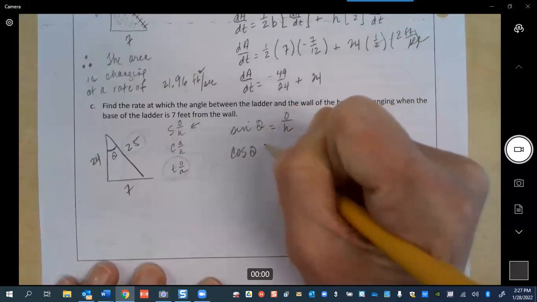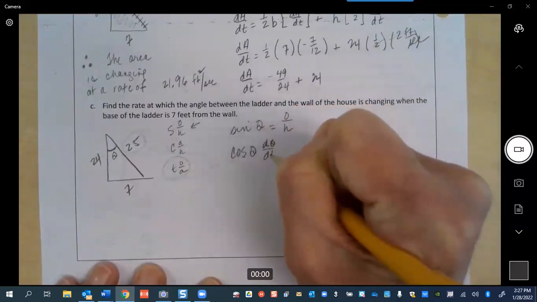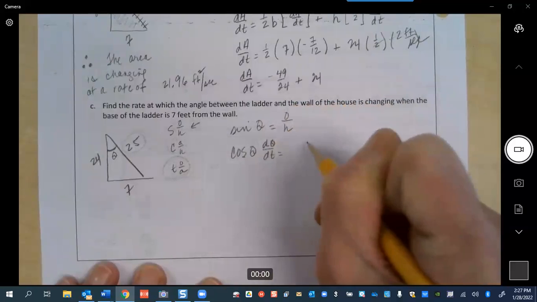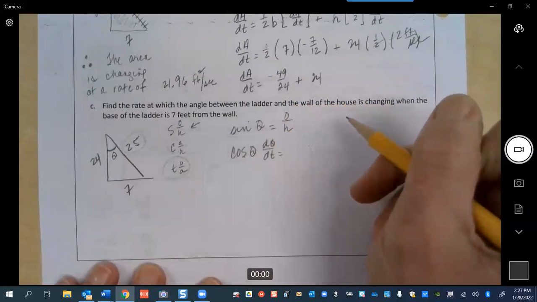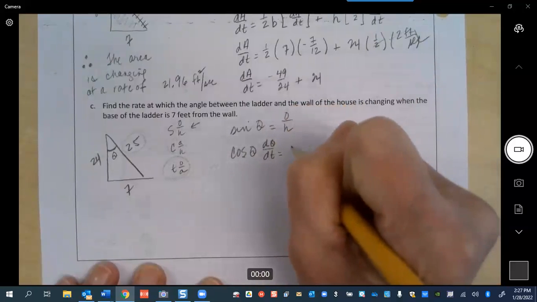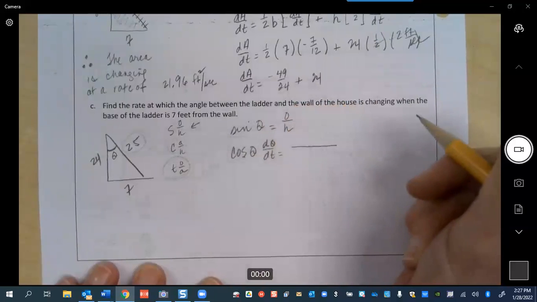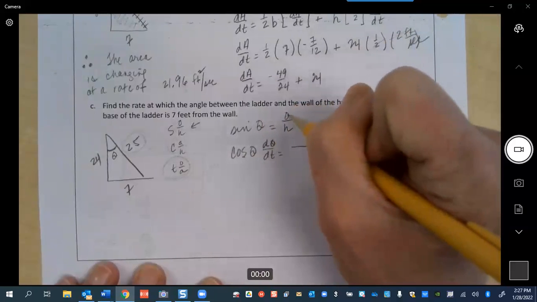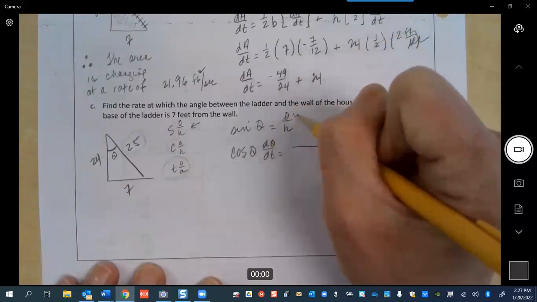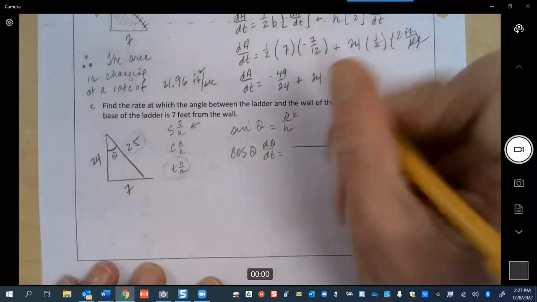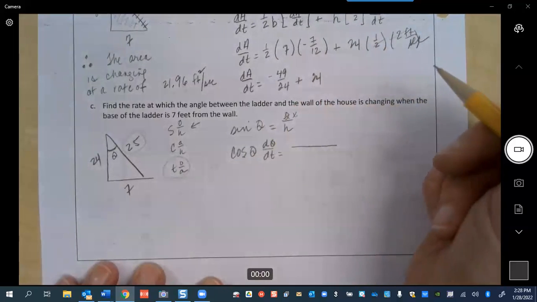Cosine of theta d theta dt. You ready? Would you mind if instead of using opposite, we used x? Do you see why?